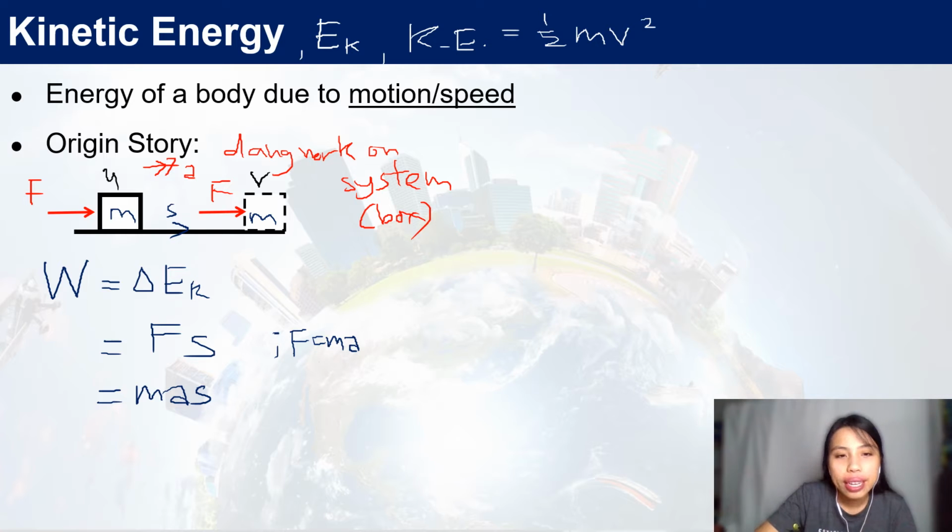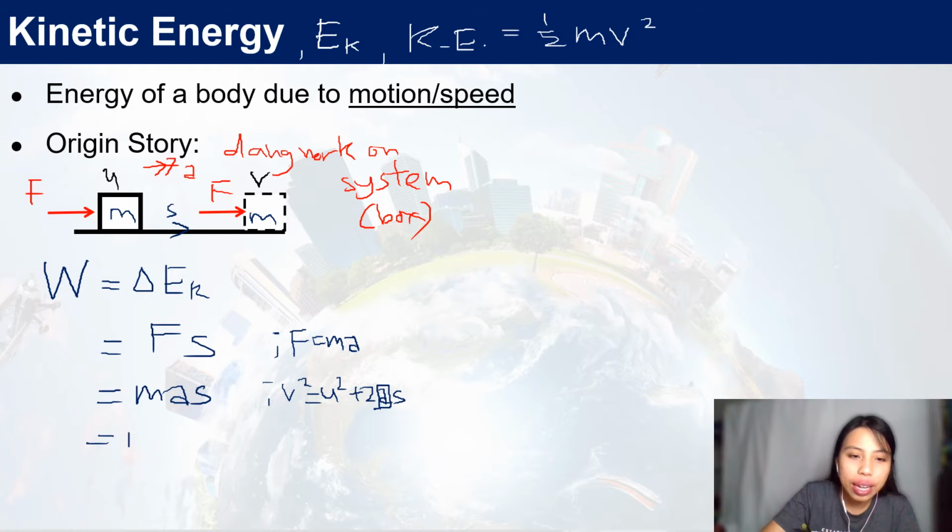So quick check. I have v, u, a, and s, so I could use the SUVAT or kinematic equation, v squared equals u squared plus 2as. Rearrange to plug a into this equation. So if I plug that in, I will get as. Well, I guess I could plug as in. Nice. Save me some work.